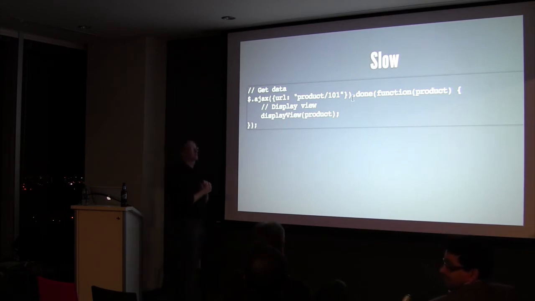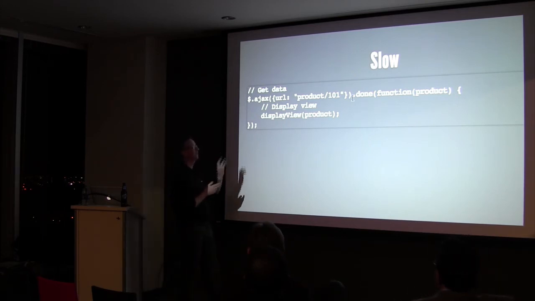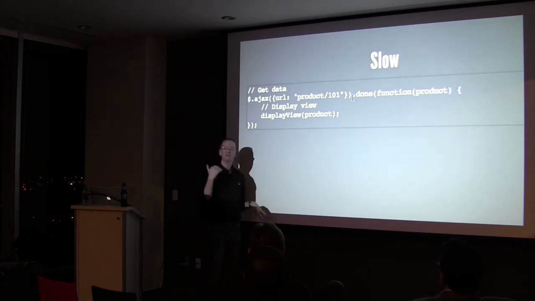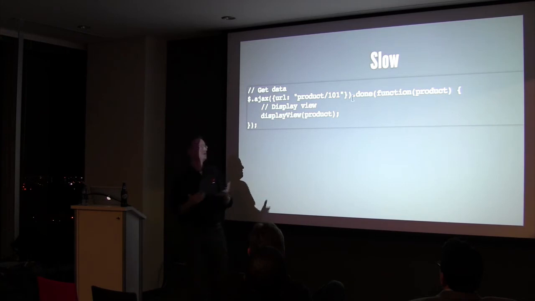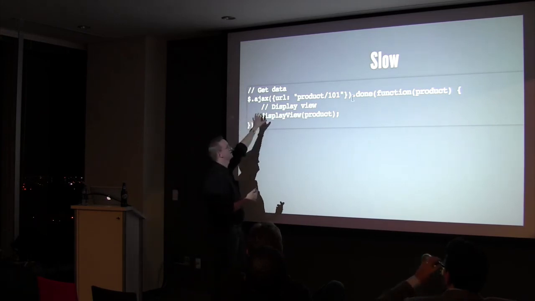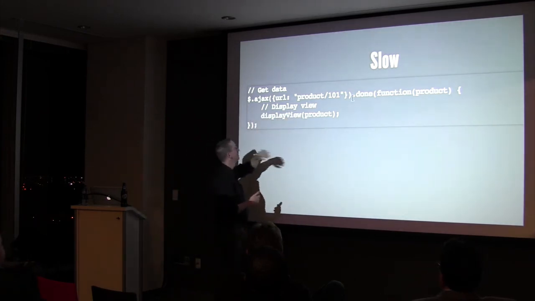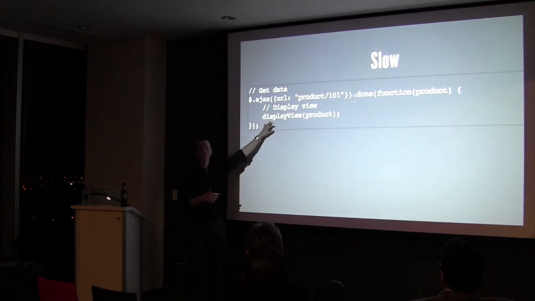Okay, so for this one, there's actually not something functionally wrong with this code. However, it's the impact that it has on the user. We're making an AJAX request to a service, getting data, and displaying that data when it comes back.